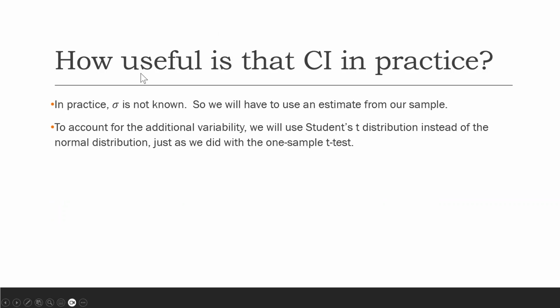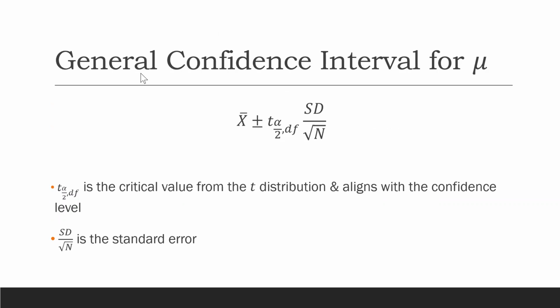And so to account for that additional variability, we use Student's t distribution instead of the normal distribution, all right? And so I know I derived our confidence interval using that z. The one that we're going to use in practice is this confidence interval here.